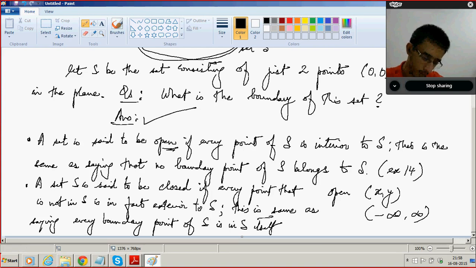Remember when we wrote the definition of boundary point, we said the boundary point need not belong to the set.